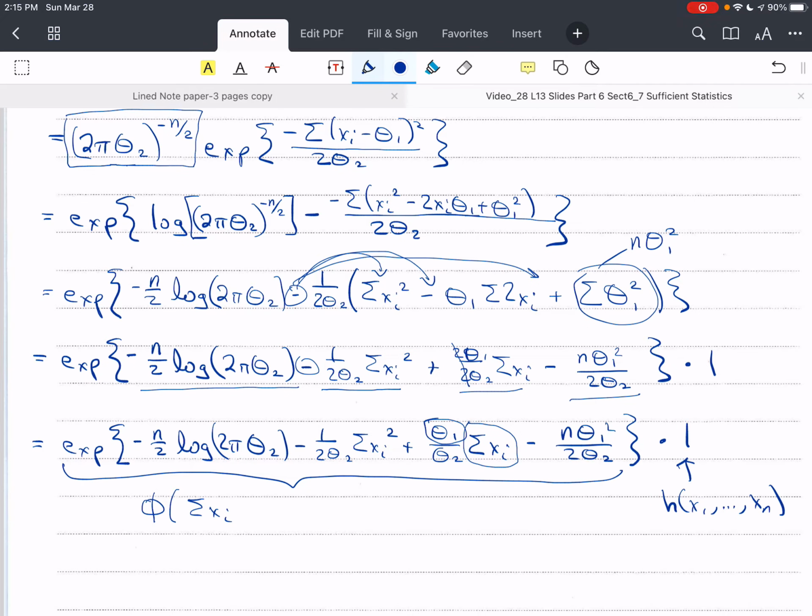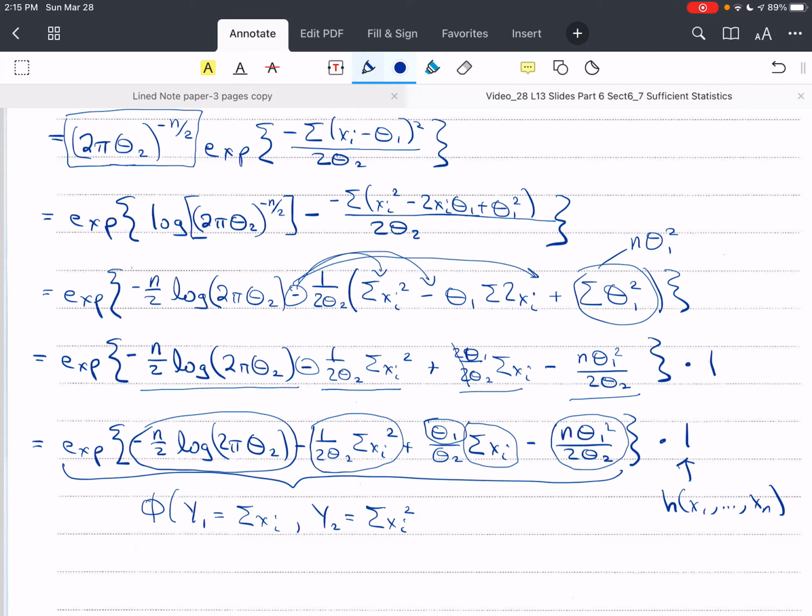Here I have theta 1, but it's with theta 2 and nothing else. Here I have theta 2 with some other constants. And here I have theta 2 by itself with the sum of x_i squared. So I'm going to call this y1 equals sum of x_i, and y2 equals the sum of x_i squared.